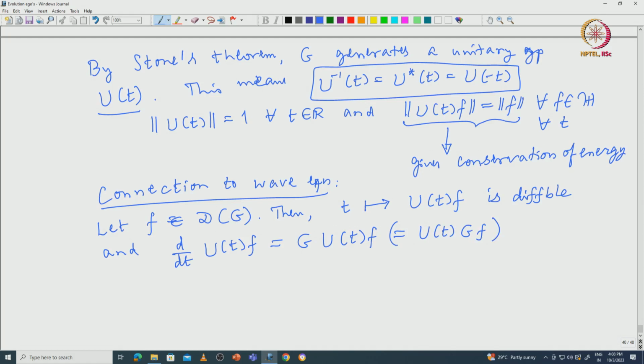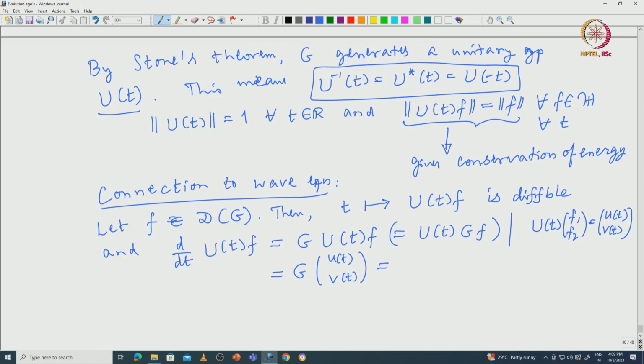So, for the time being, just temporarily you write UTF as UT, VT. This is a mapping from H to H itself. So, just G applied to UT, VT.